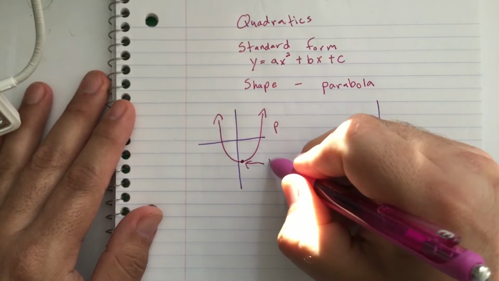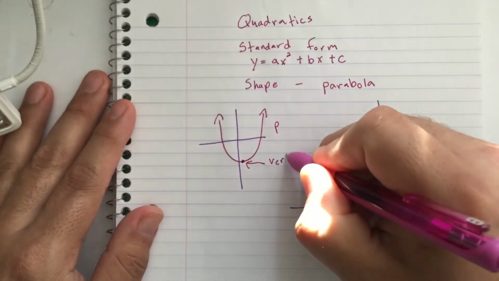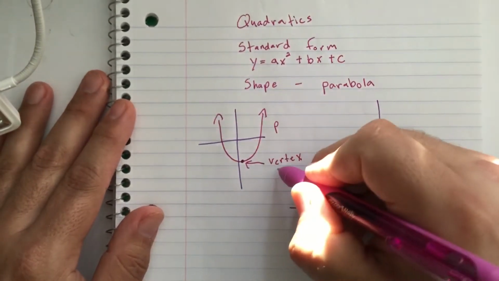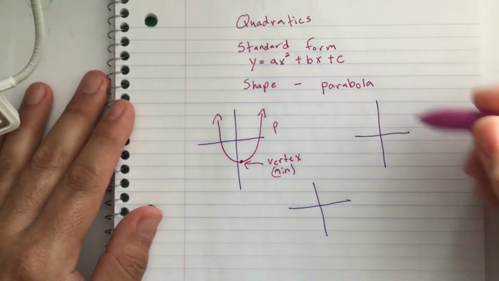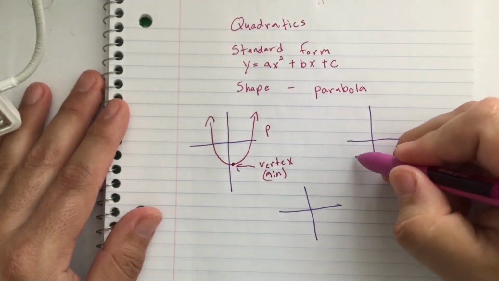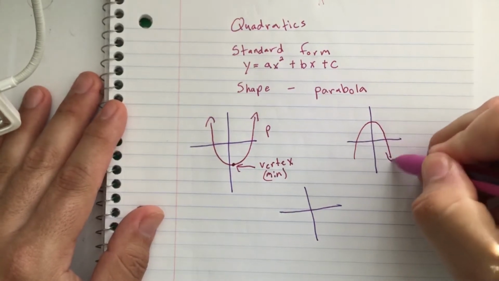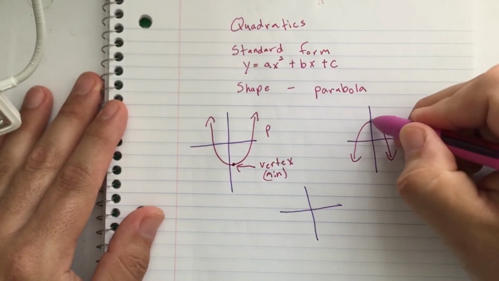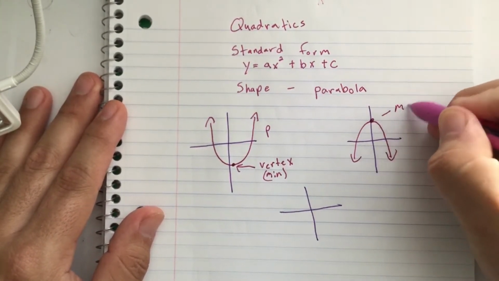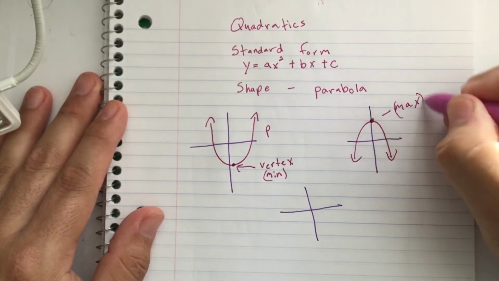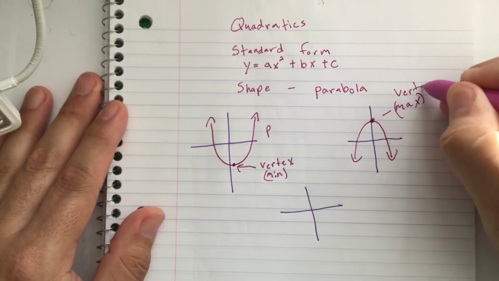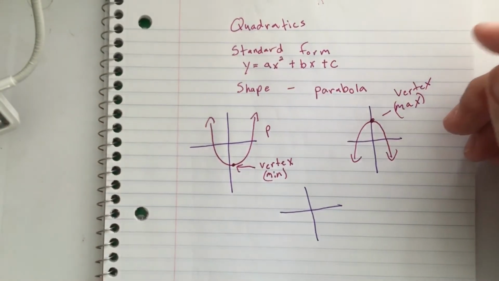That's your vertex, which, because it opens up, we call this a minimum. Right? And in this situation, this parabola opens down. So here's my vertex. This one I have a maximum, right? Still my vertex, but now it's called a maximum. Okay, it's right there in the middle point of the parabola.